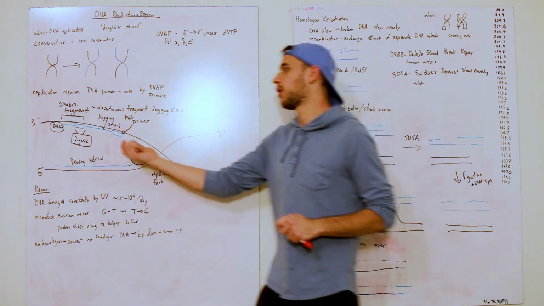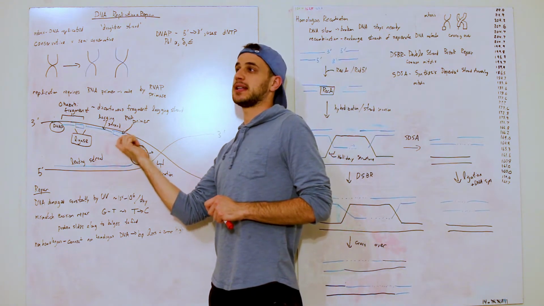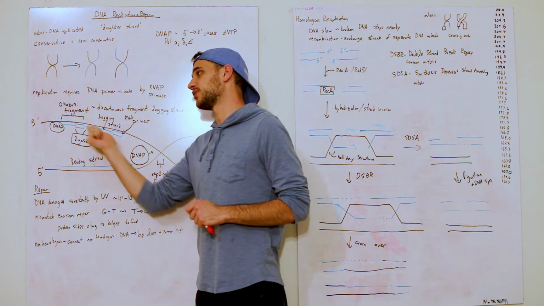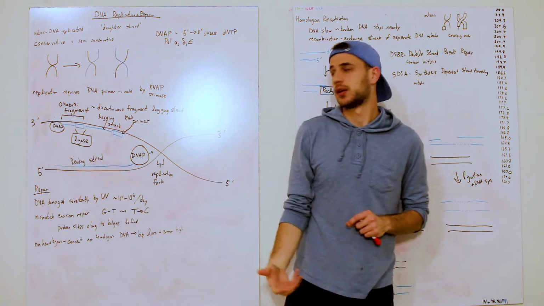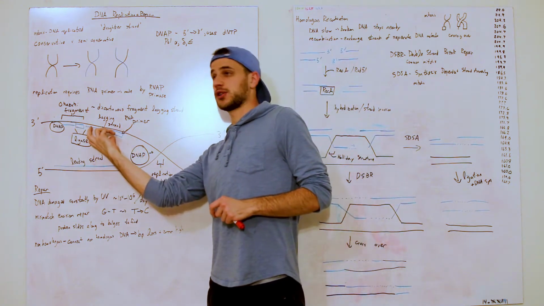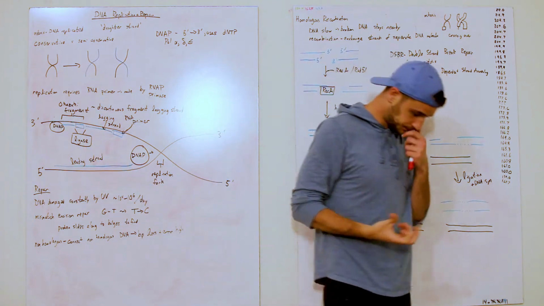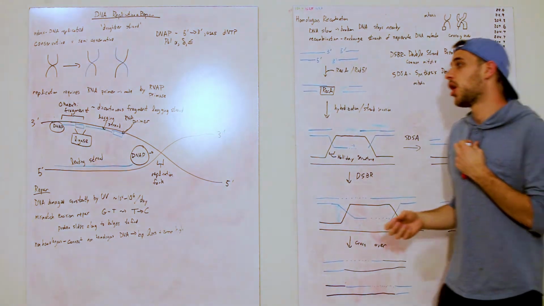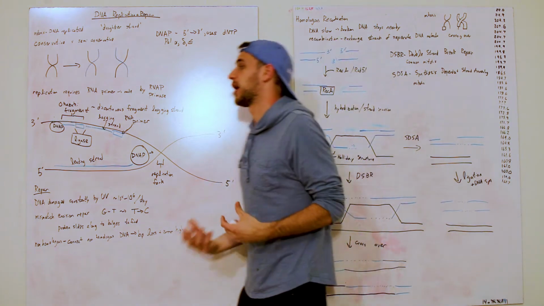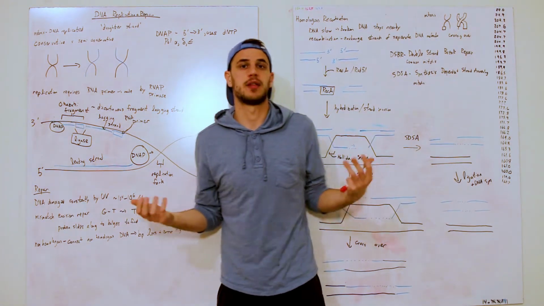So you have an RNA primer always getting made, and then DNA polymerase continues on until it hits the previous strand. These little pieces that are attached are Okazaki fragments. These are discontinuous fragments of the lagging strand.